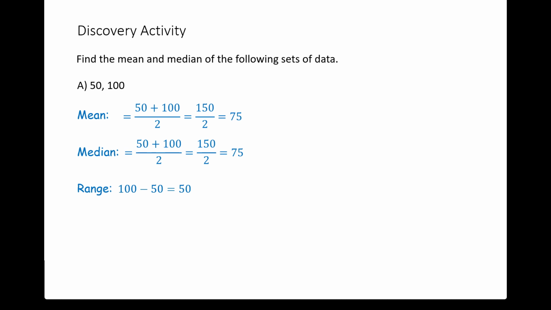Part A. We had a mean of 75, median of 75, range of 50. We want the standard deviation. Compute this in your calculator and check with me. You should have 35.35533906.